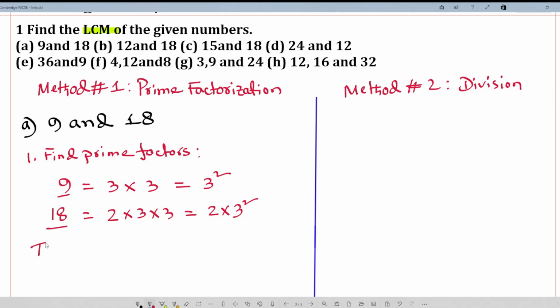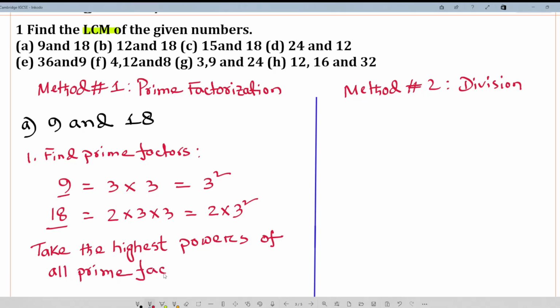So take the highest powers of all prime factors, right? Here is 2 and the power is 1, so 2 to the power 1. The other one, the highest power is 3 square, and here is 3 square, right?